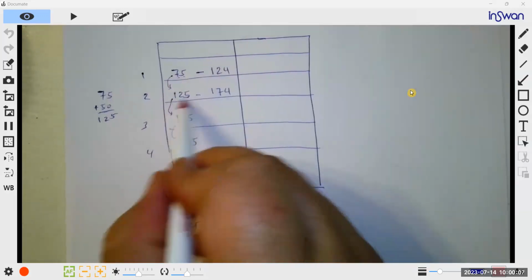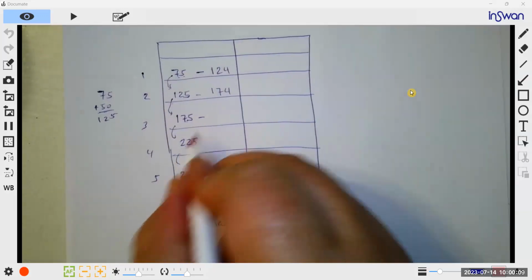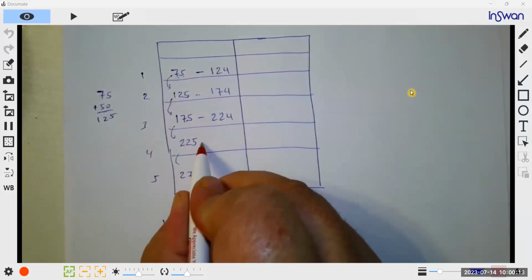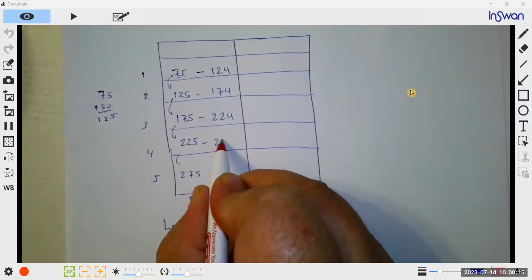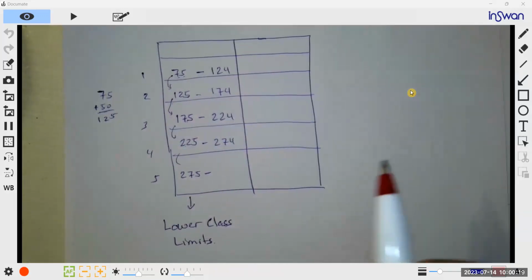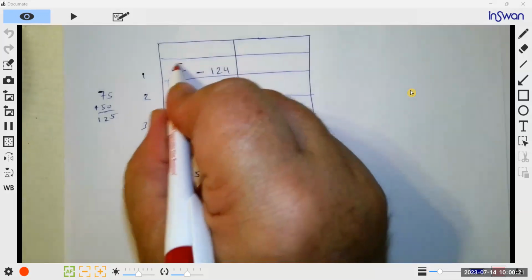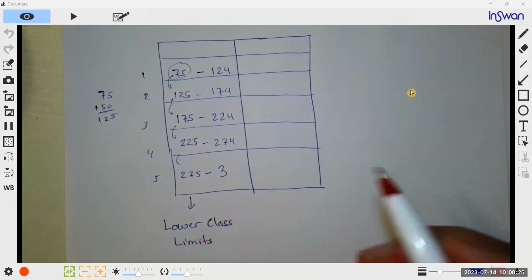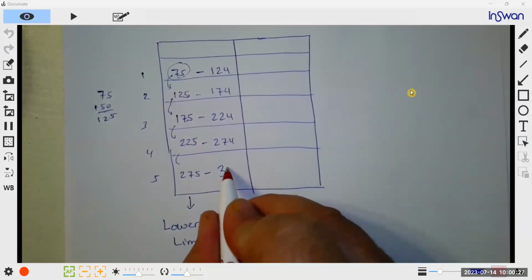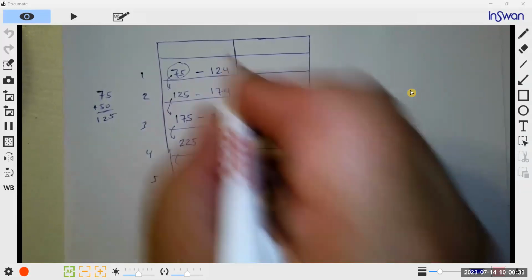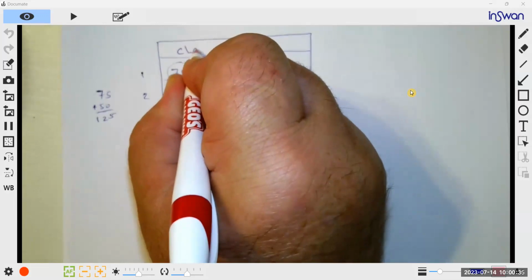So you see it's a continuation. So that's 224, and this is 274. And our upper bound, what number did we use? 325. So that determines our classes.